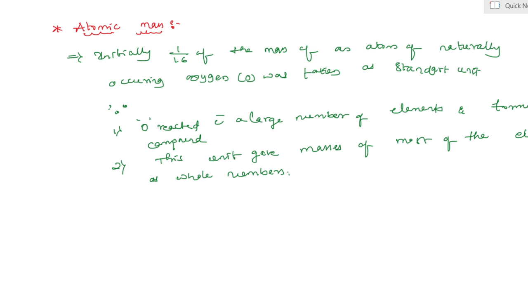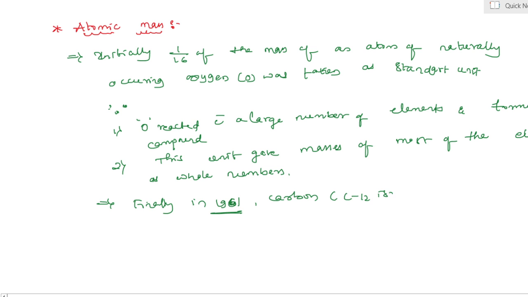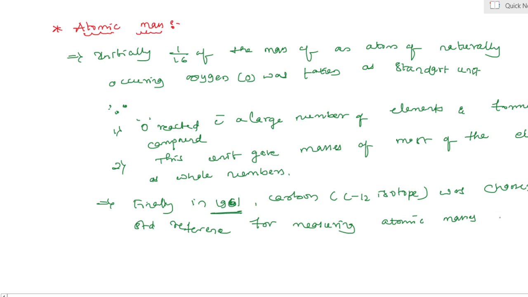However, finally in 1961, the carbon-12 isotope was chosen as the standard reference for measuring atomic mass universally.